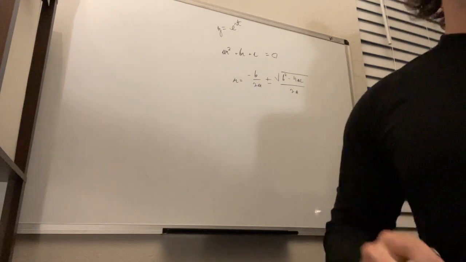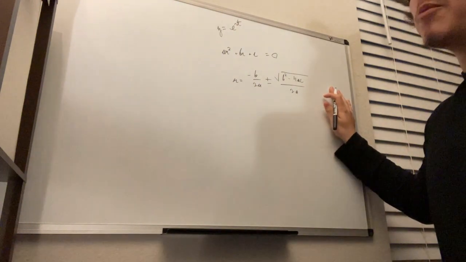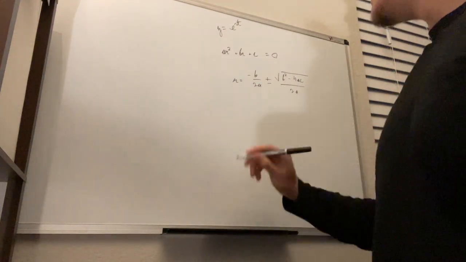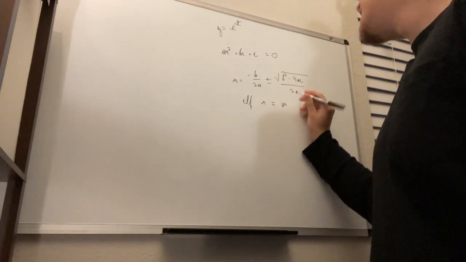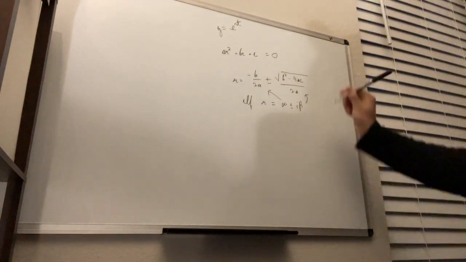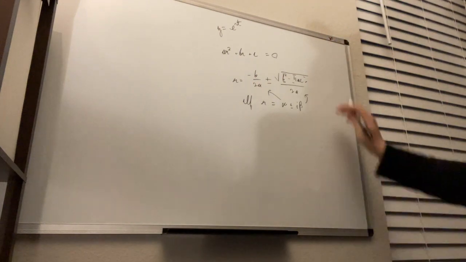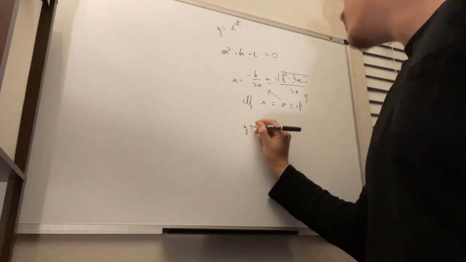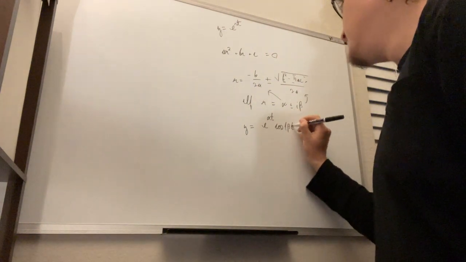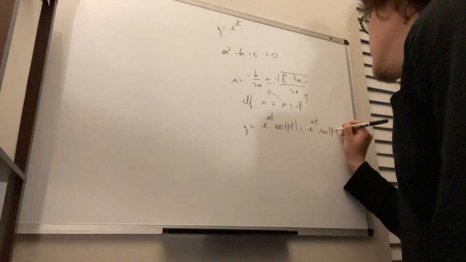I'm not going to go over the main proof of this, but using Euler's identity and the fact that the real and imaginary parts of a complex number are linearly independent of each other, because if you draw them as a vector, their components don't influence each other, we get that if r equals alpha plus or minus i beta, assuming that the discriminant is less than 0, then the solution set is e to the alpha t times cosine of beta t, and the other one is e to the alpha t times sine of beta t.